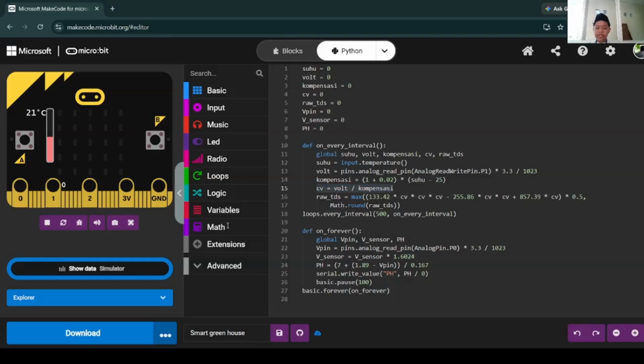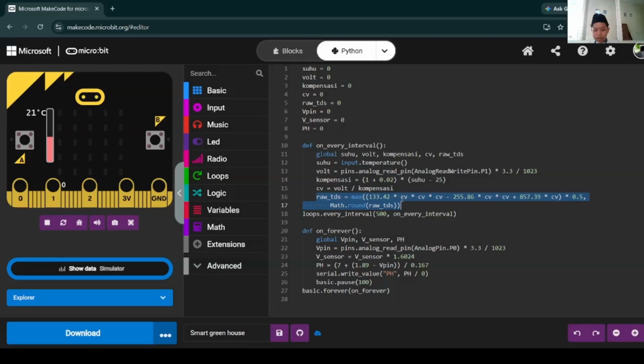The voltage is divided by the compensation factor to make the reading more accurate. And this line is actually one math formula. The function is to calculate the TDS value using a math formula.